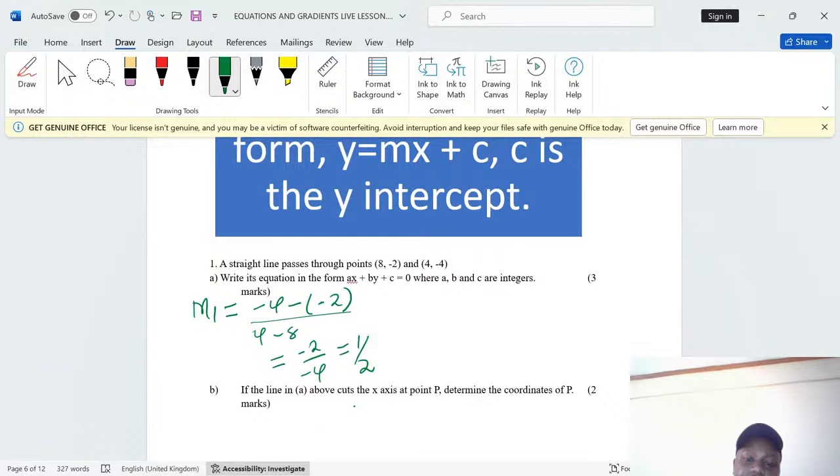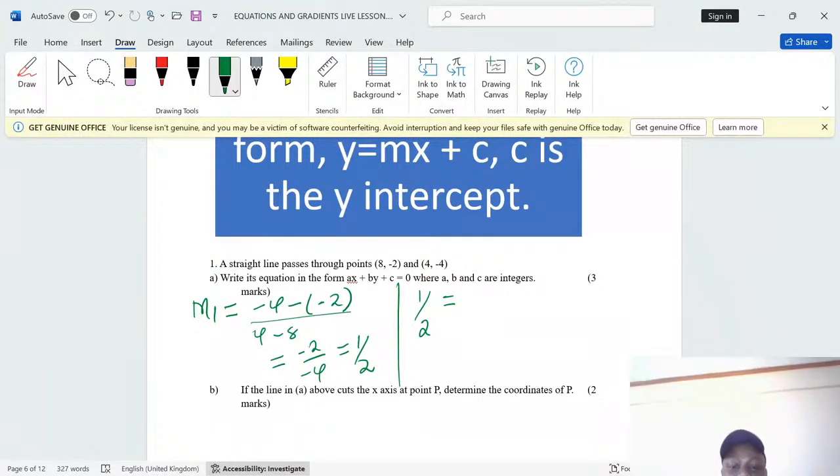So if the gradient is positive half, now we can express it using a coordinate (x, y) and one of the provided coordinates. Let me use (4, -4) in this case. So y minus -4, making it a positive 4, divided by x minus 4.